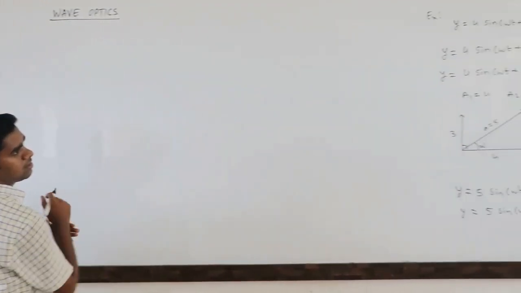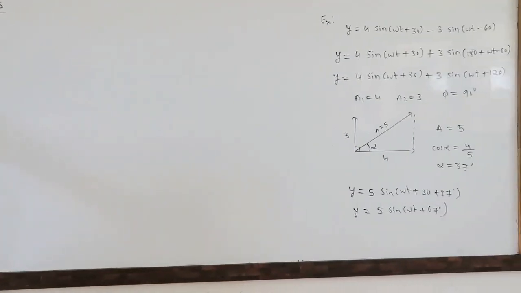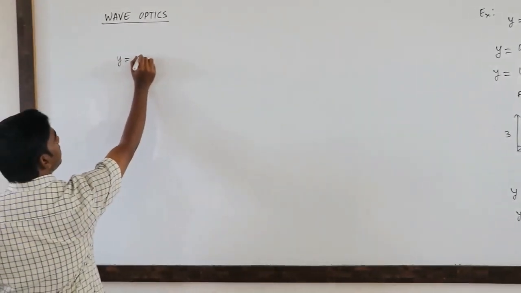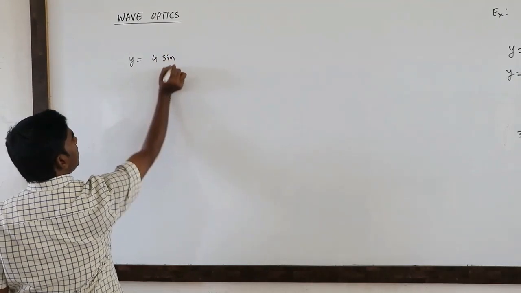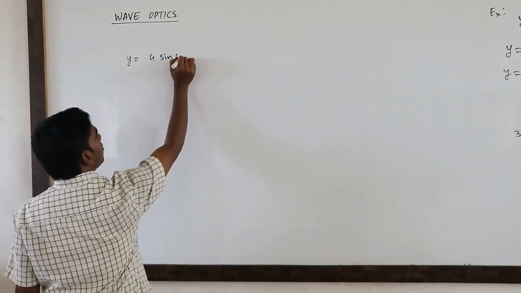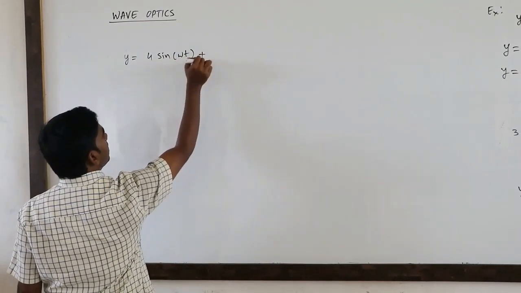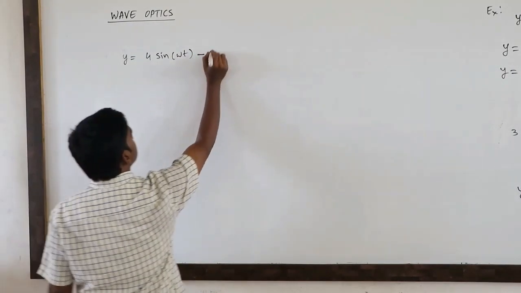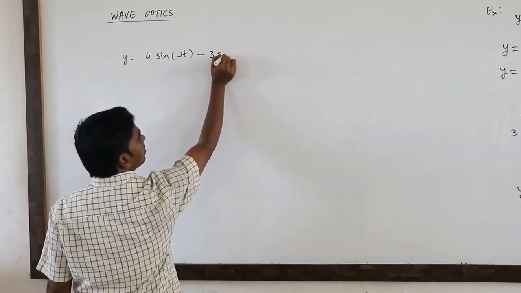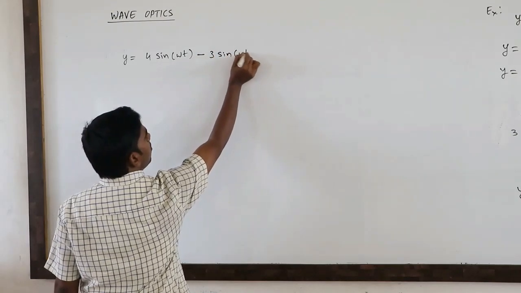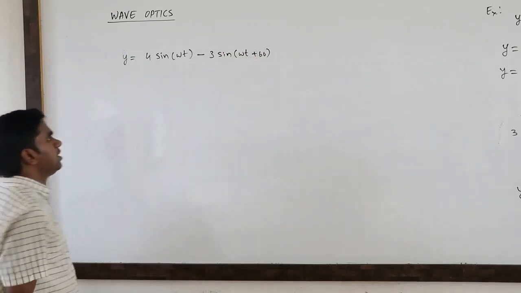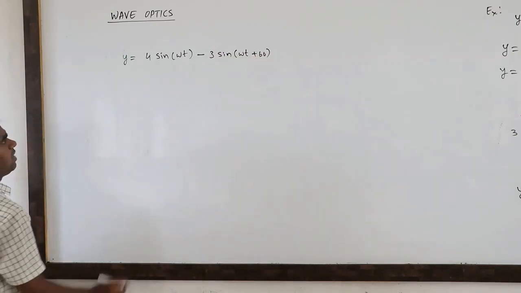Similar but a little different one. So I will write y equals 4 sin omega t plus, instead of plus I will take it as minus, 3 sin omega t, and instead of minus 60 I will take plus 60. Okay, so if this is the case, we'll see what will happen.